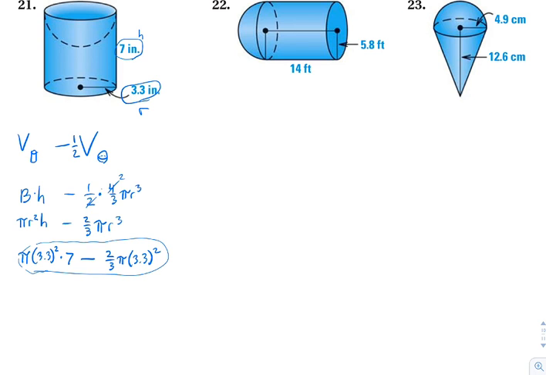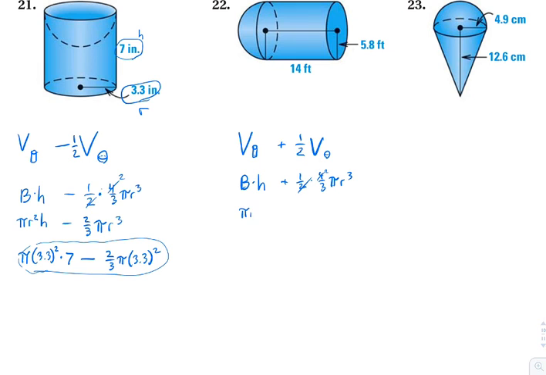All right, on the next one, the volume is, well, this time we've got the cylinder, and now we're just adding 1/2 of a sphere. Now, it's not the same radius and same diameter, so there might be some tricks here, but let's see. Again, we've got the volume of a cylinder, prism is base times height, plus 1/2 of 4/3 pi r cubed. So again, the 1/2 and the 4/3 cancel to a 2.